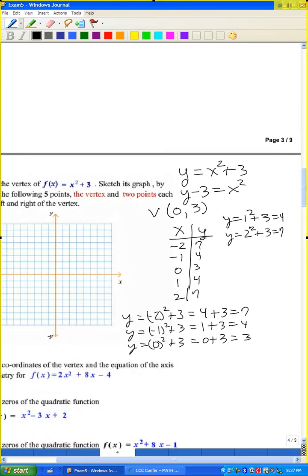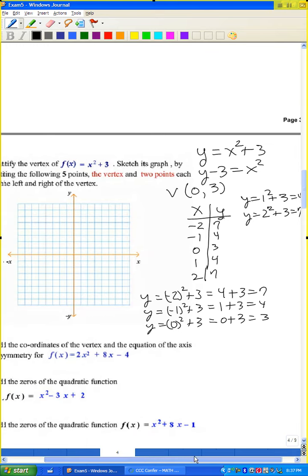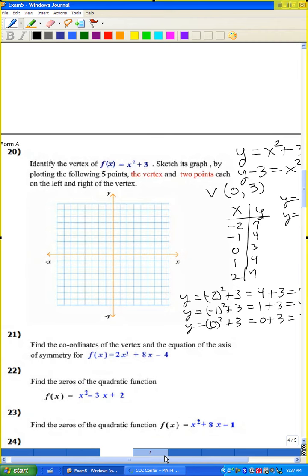Okay, so let's try to draw this. So 0, it's 3, 4, 3, 4. Ha!